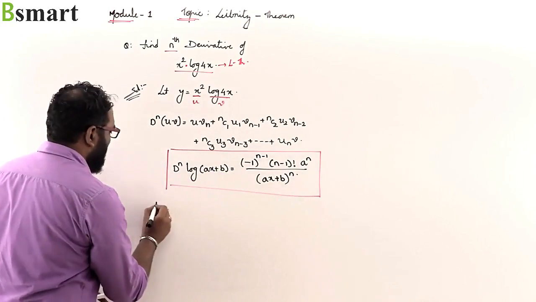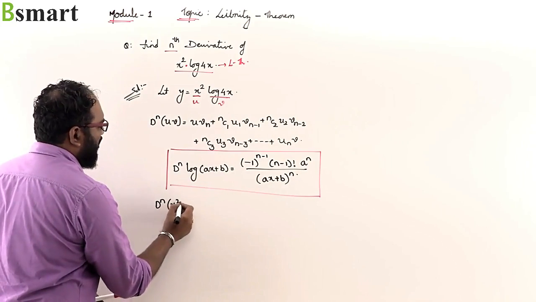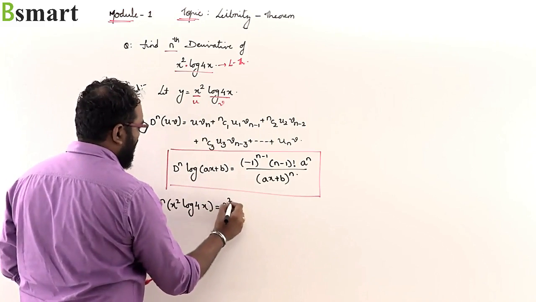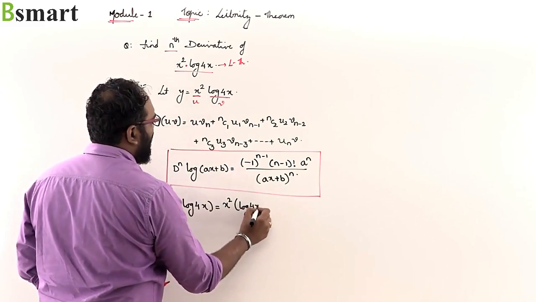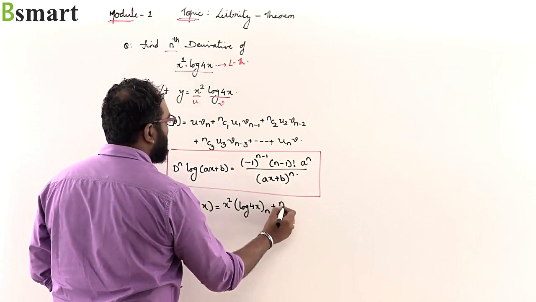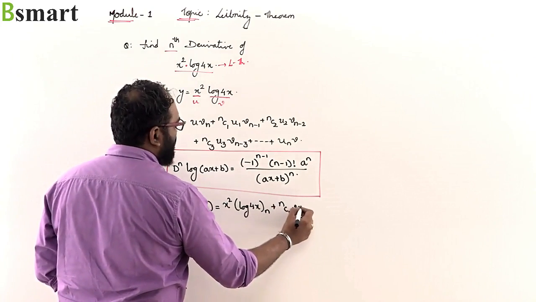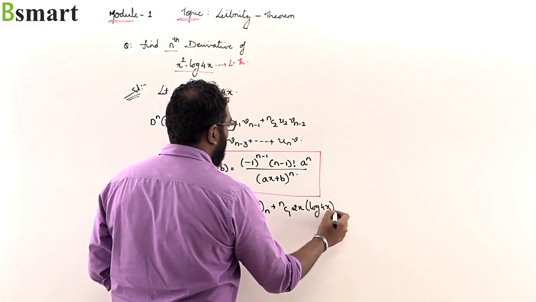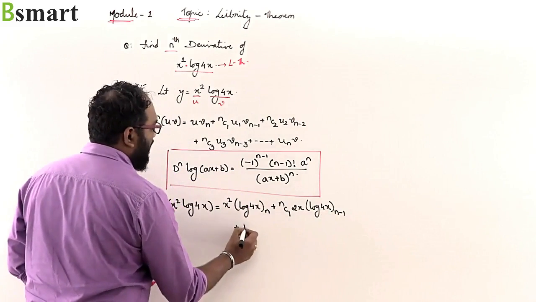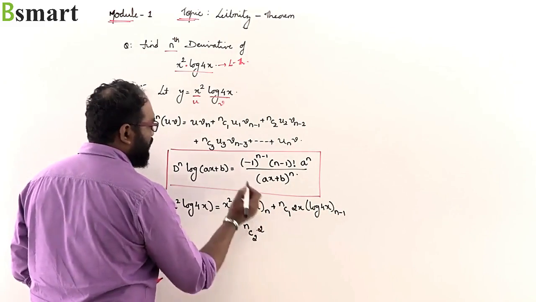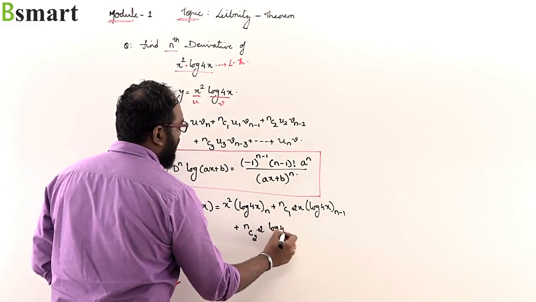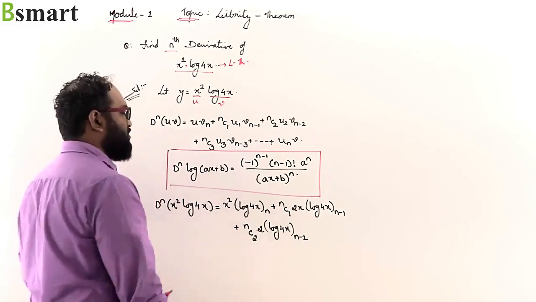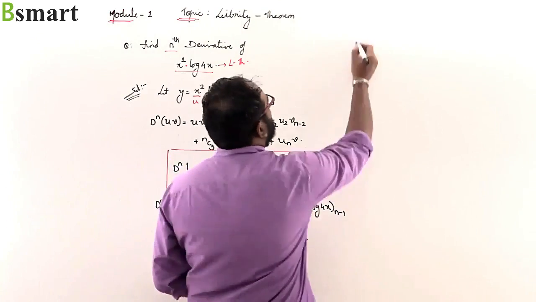Then the nth derivative of x square log 4x is equal to uvn, that is x square into the nth derivative of log 4x, plus nC1 into the derivative of x square, that is 2x, into the n minus 1th derivative of log 4x, plus nC2 into the derivative of 2x, which is 2, into the n minus second derivative of log 4x, plus nC3 into the derivative of 2, which is 0. So from here the remaining terms are zeros.